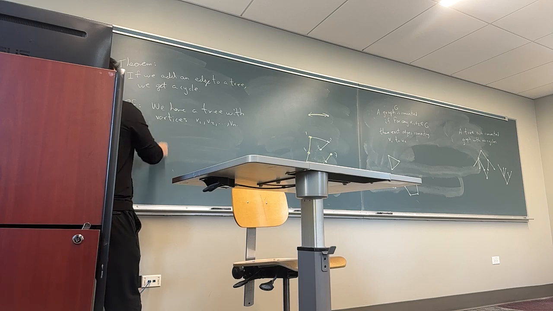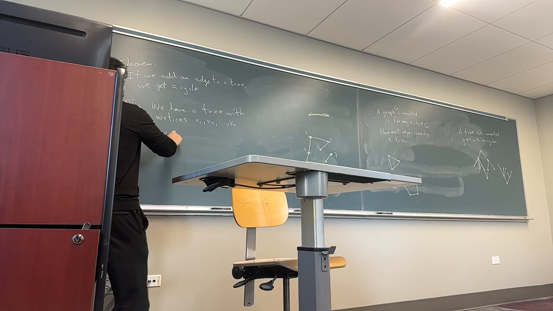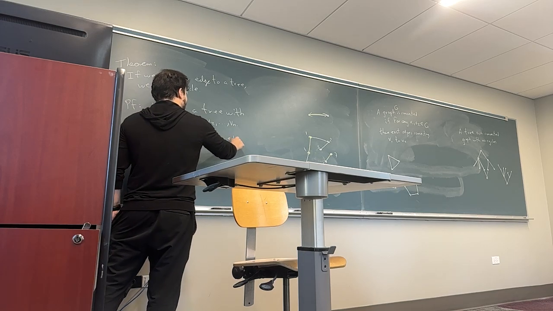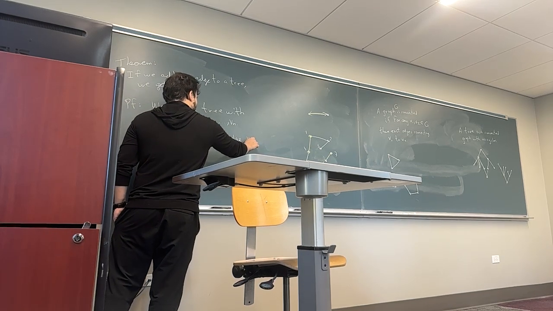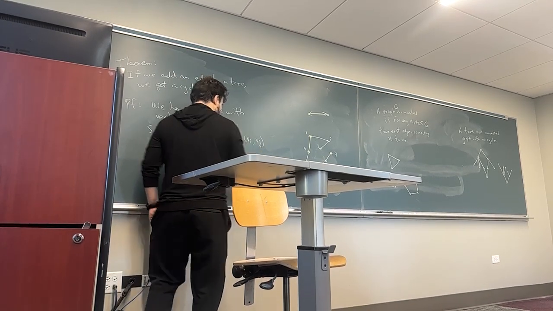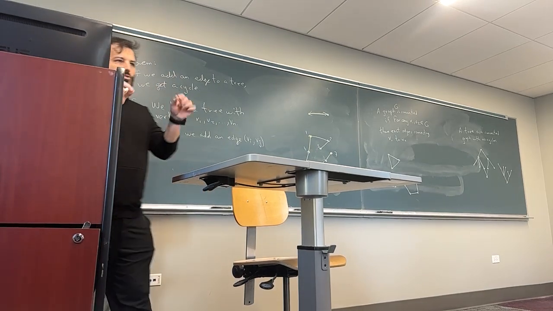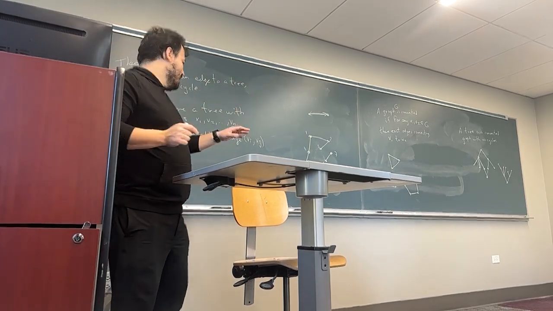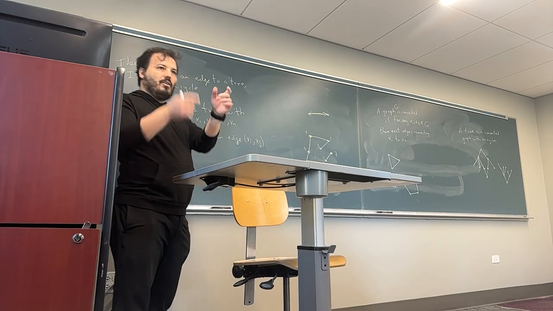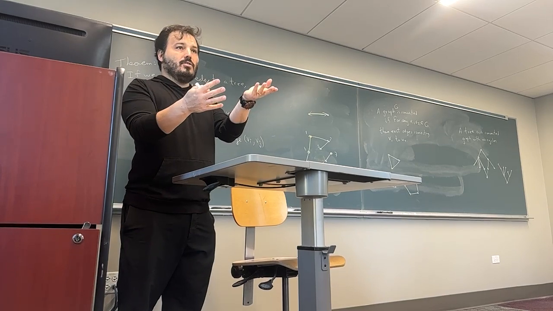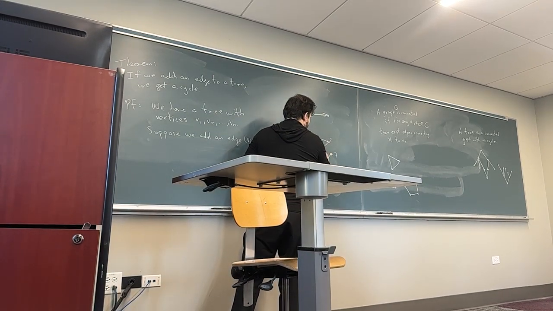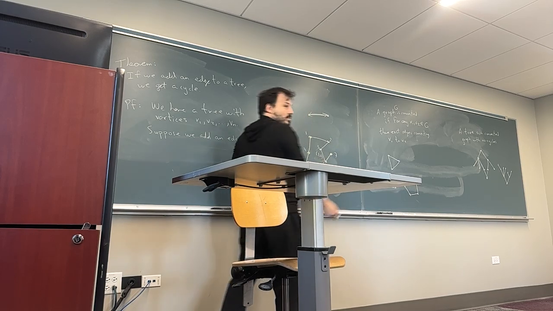And then suppose we add an edge between Vi and Vj. So if I want to draw an edge between two vertices, I'll represent it by the pair Vi, Vj. So a pair of vertices determines an edge, right? So if I want the edge between 3 and 6, I could call this edge 3, 6.